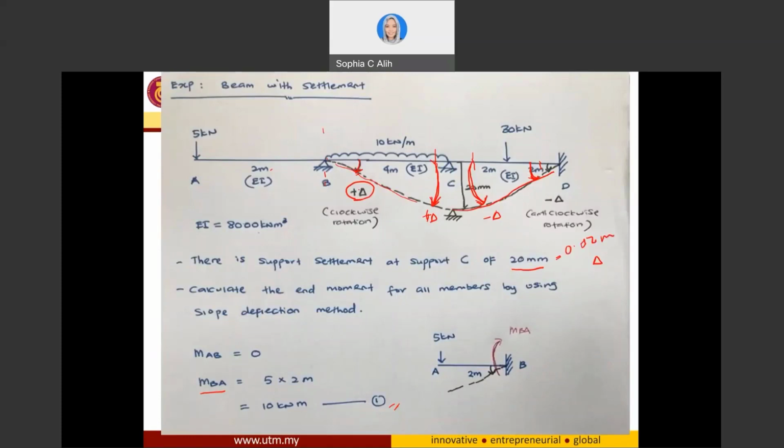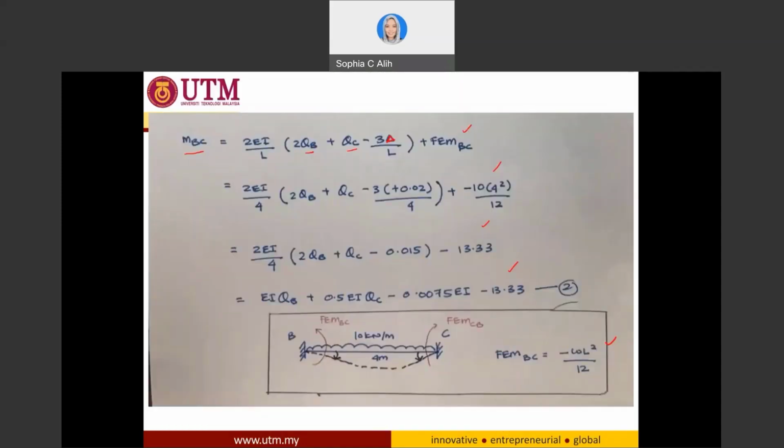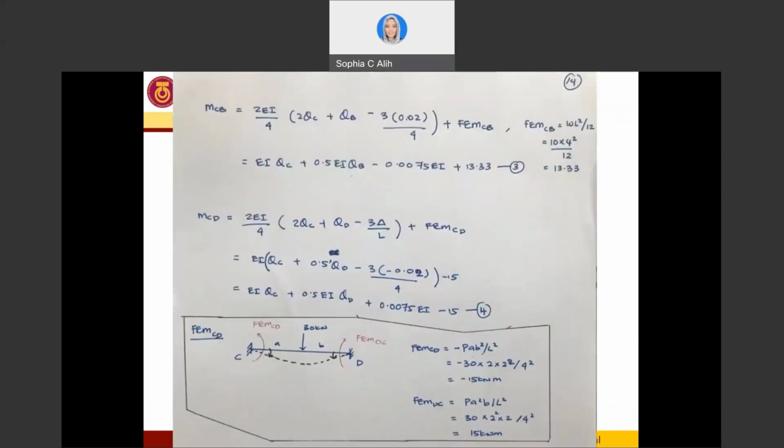Okay, so delta positive 0.02. Everything you maintain, negative 3, only you change on this part. Okay, positive 0.02, and you continue all the calculation to be the same. So that is MBC.